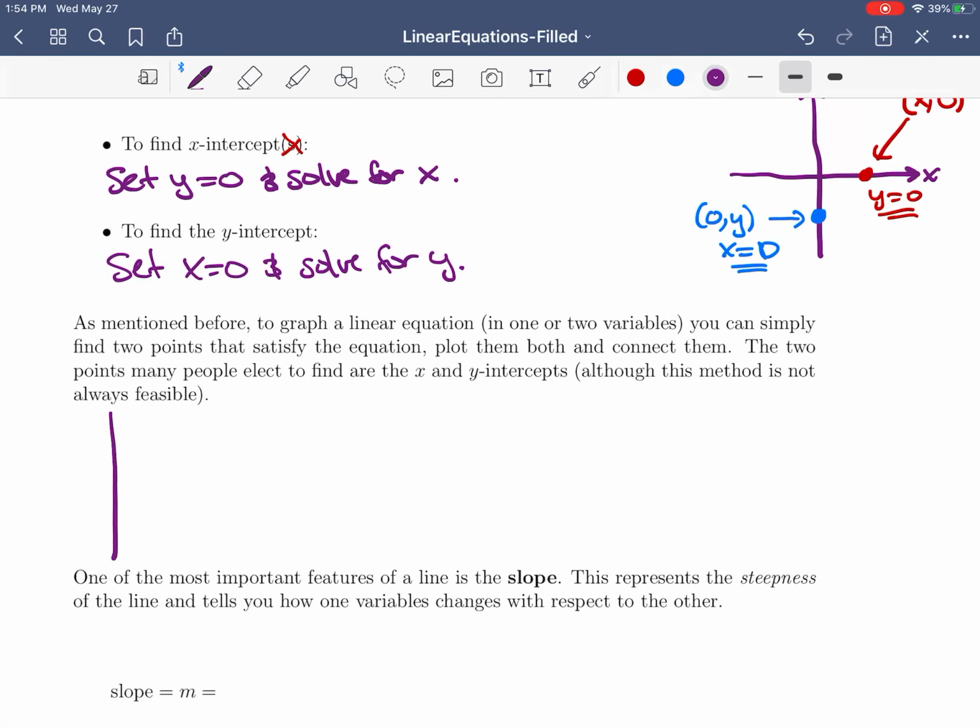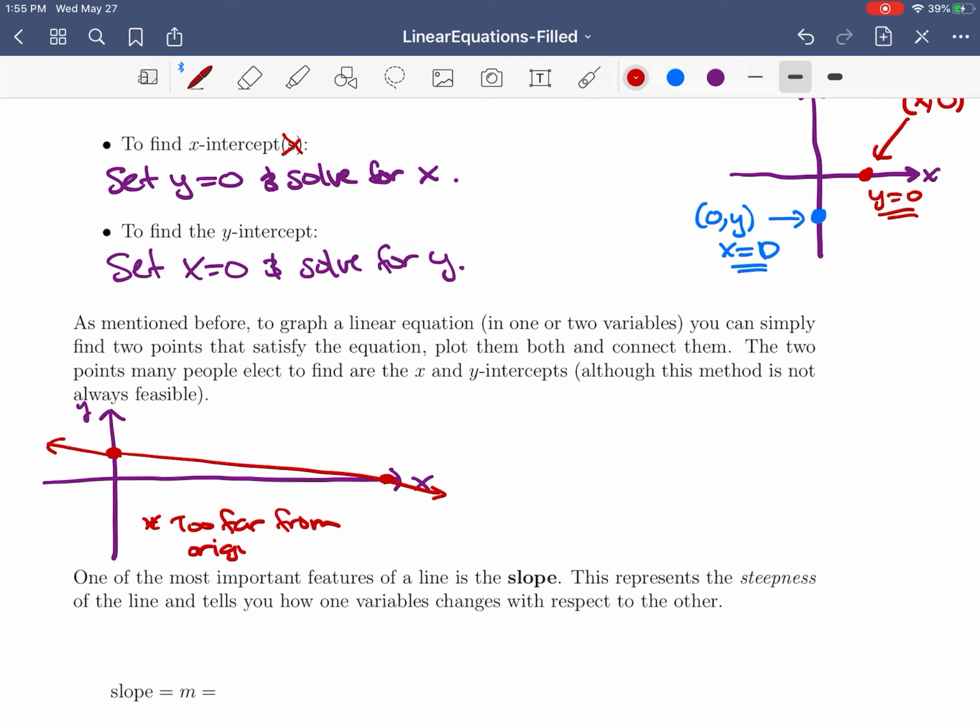It could be that one of them is really far away from the origin, right? So maybe you have something close to the origin, and then x is like way over here. And maybe it just doesn't fit on your grid. So too far from the origin might make this inconvenient. You can still do it, but it might be inconvenient.